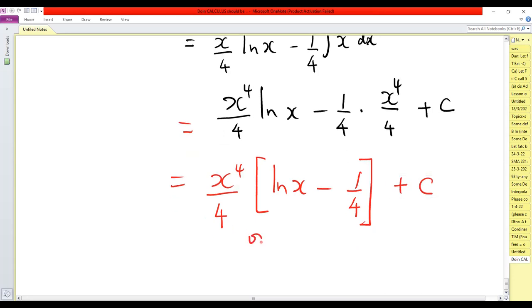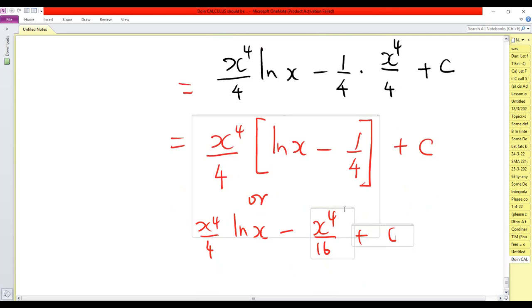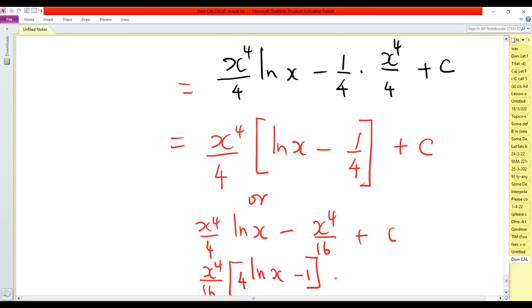Or from this one, we have x power 4 over 4 ln of x minus x power 4 over 16 plus c. Then I can factor out x power 4 over 16, and then I need to multiply this one by 4 ln of x, and then minus 1, plus c.